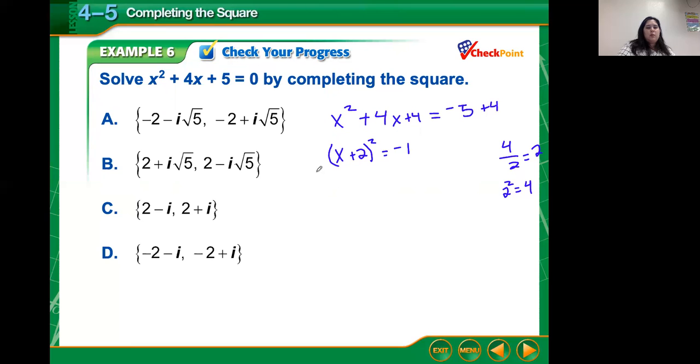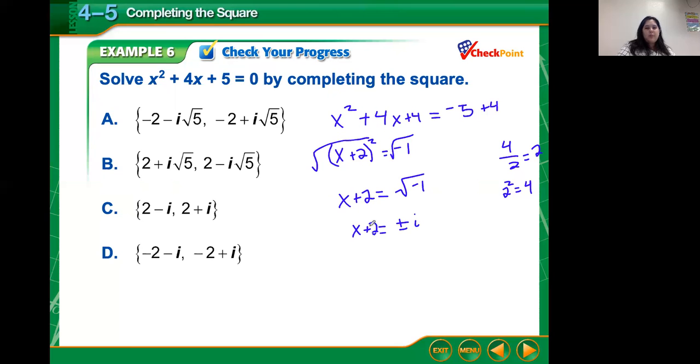We're then going to take the square root of both sides to get x plus 2 equals the square root of negative 1. And when we do that, we get x plus 2 equals plus or minus i.